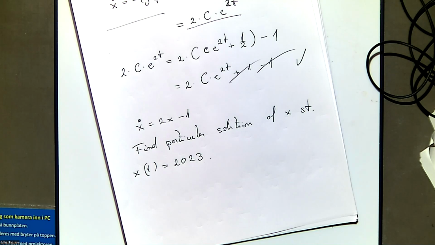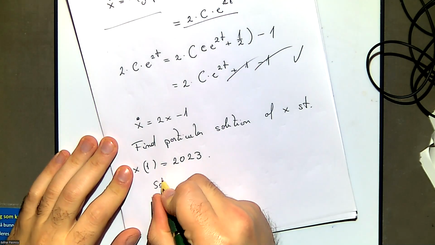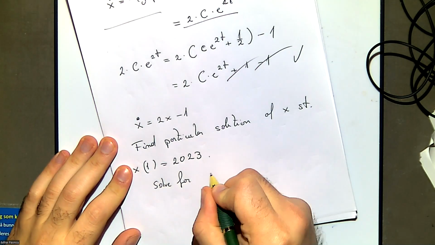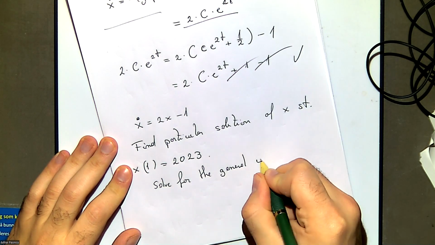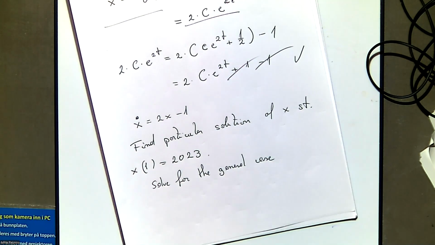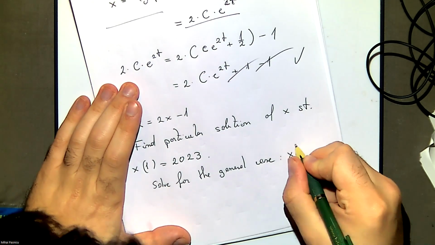So when you're dealing with this sort of problem, the answer is you solve for the general case. So you do everything we've done before. So the method is solve for the general case. And we're going to get the same exact thing because it's the same differential equation.